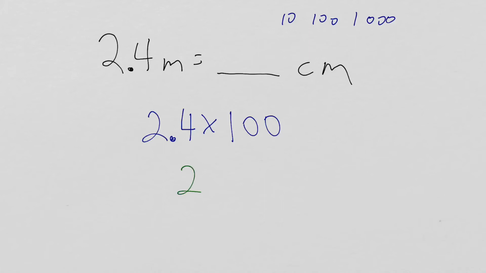But this is actually fairly easy. You can take the number and rewrite it. Only this time, what we're going to do is move that decimal to the right by however many zeros are in the number we're multiplying by. So there are 2 zeros here, so we're going to move this decimal once, twice, so the decimal goes here, and that means I'm going to put a 0 here.